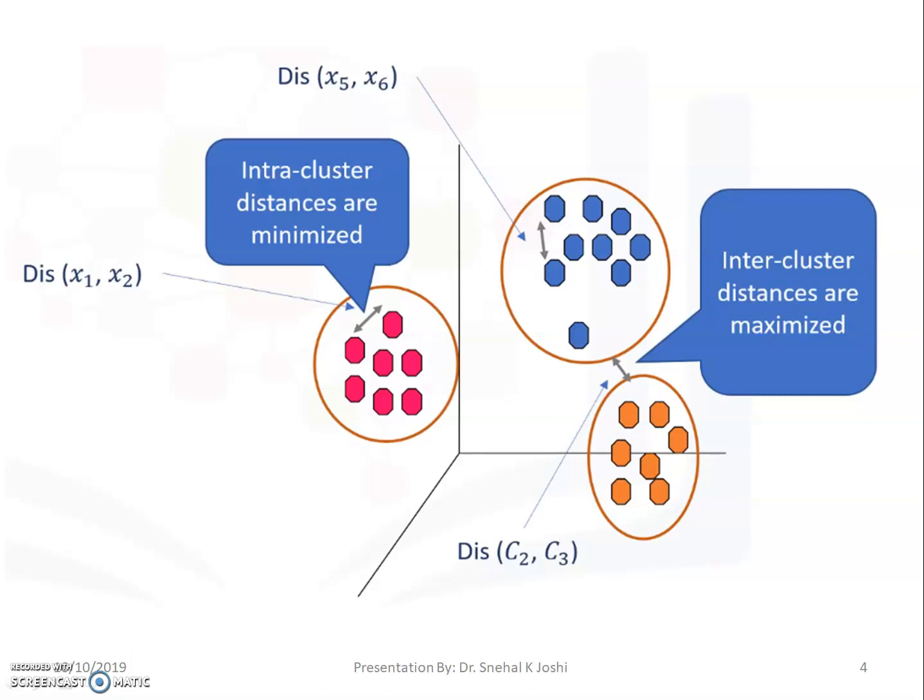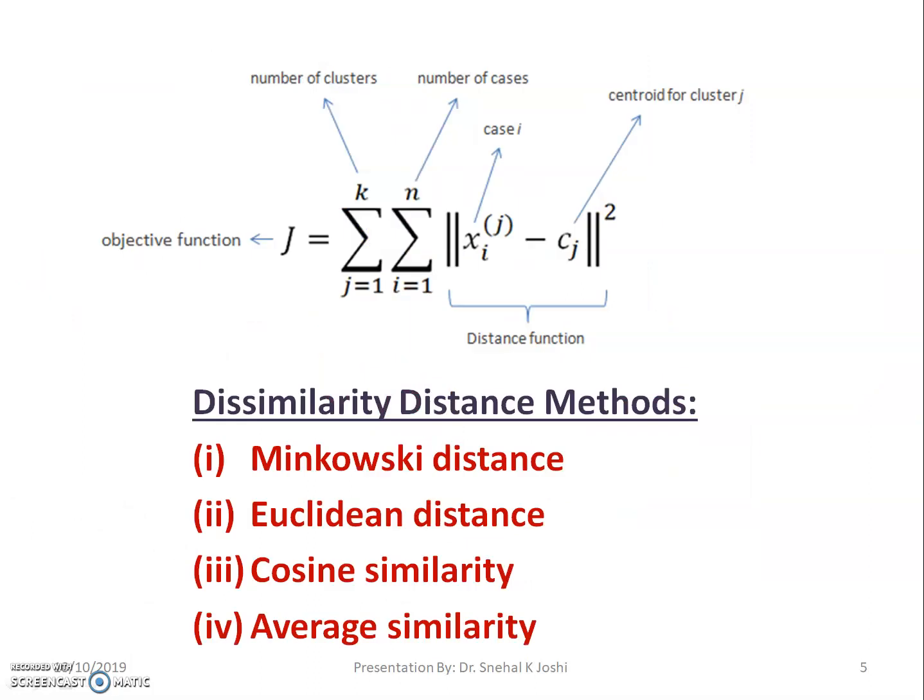We will learn about this in detail and also implement K-means using Python in our next lecture. There are many approaches and functions available to measure the distance between two data points. Some of these dissimilarity distance methods are Minkowski distance, Euclidean distance, cosine similarity, average similarity, etc.